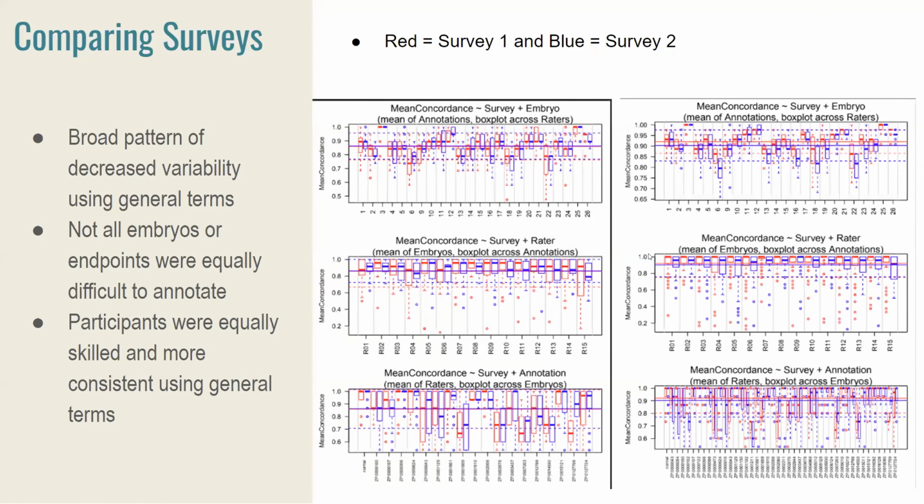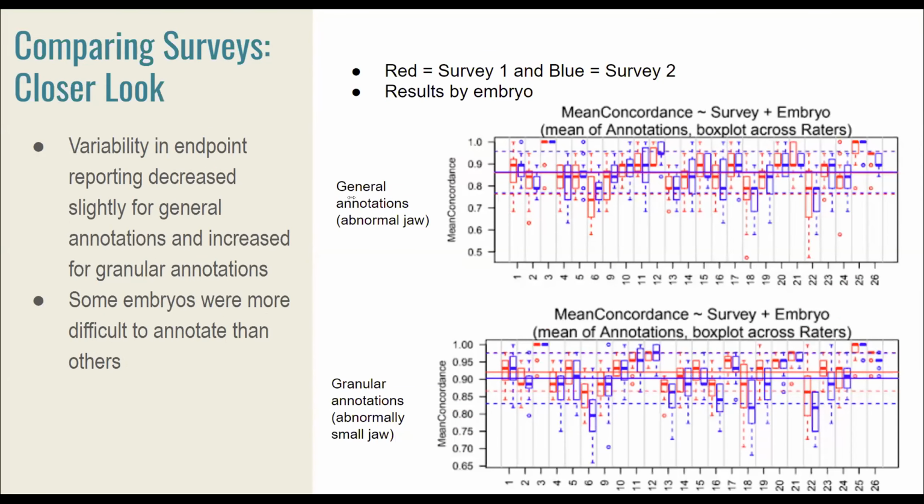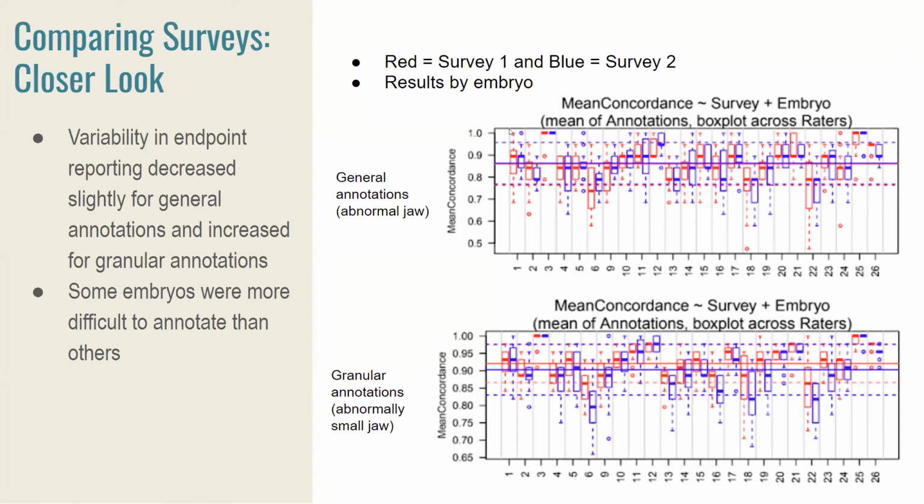So let's look at the surveys here for a second. This is taking a closer look at these surveys. The red data is in survey 1, the blue data is in survey 2. For the general annotations for abnormal jaw, these are the annotation results by embryo.